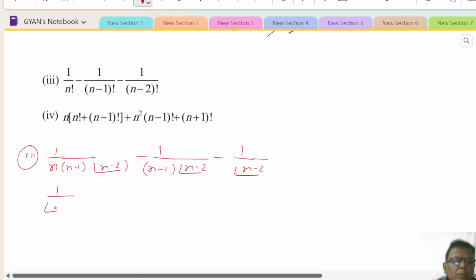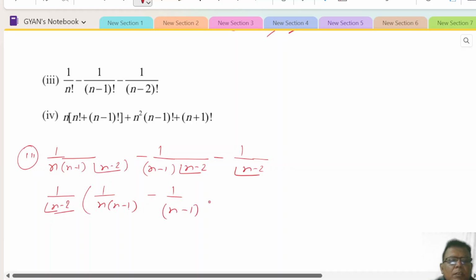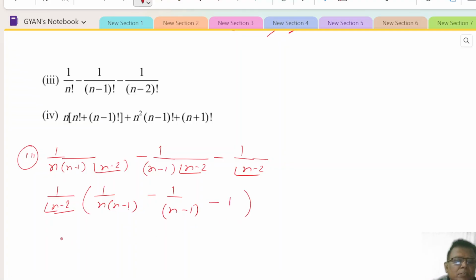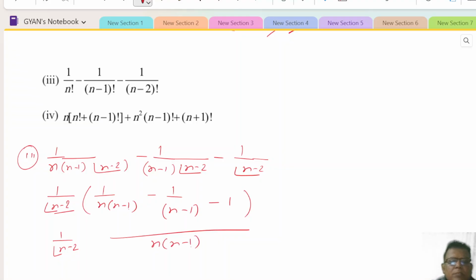Now we take common factorial n minus 2: n into n minus 1, minus 1. We take n minus 1 common, so here n, here minus n, and here n into n minus 1.